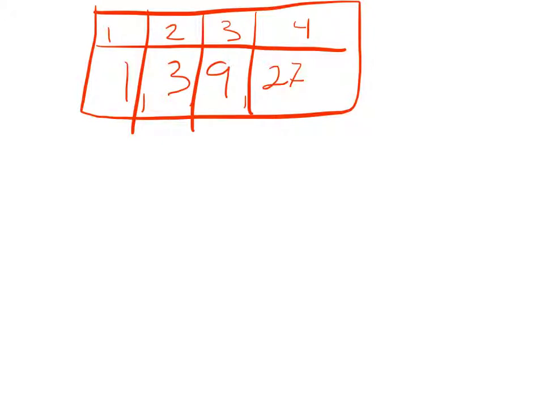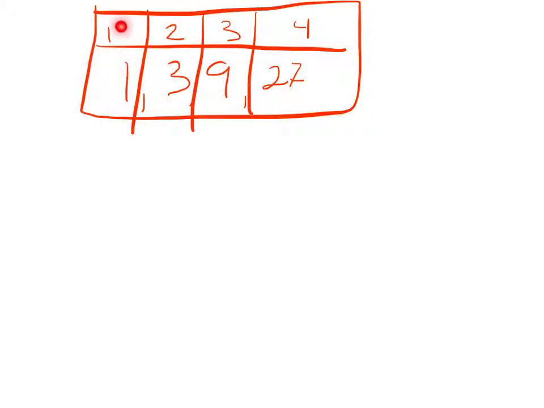Now we just need to figure out what are we going to do here. Well, if I put in a 1, I get out a 1. If I put in a 2, I get out a 3. If I put in a 3, I get a 9. So what I see here is something growing exponentially. So I want to use an exponent because it's growing exponentially.